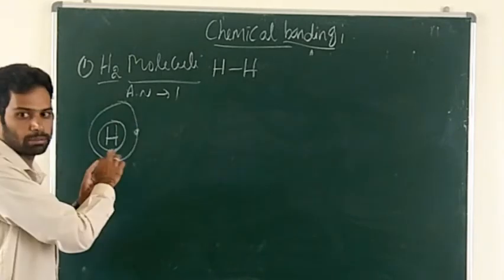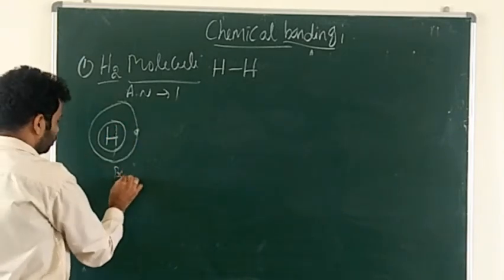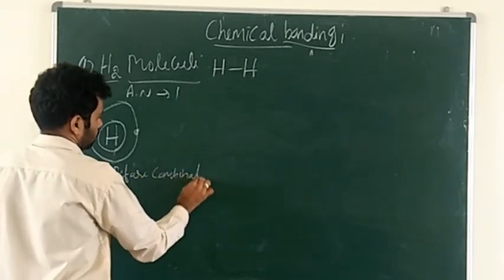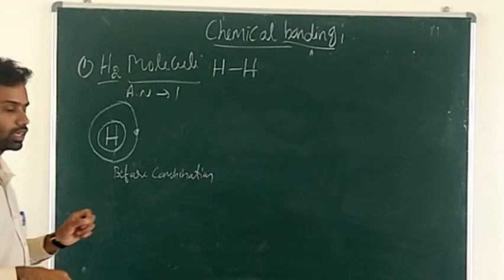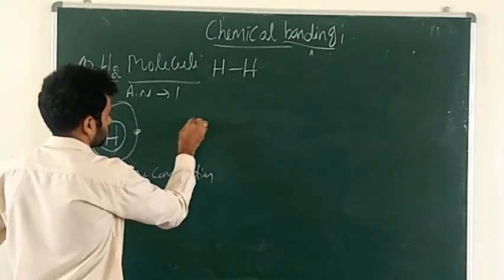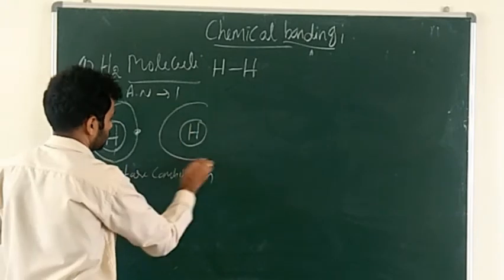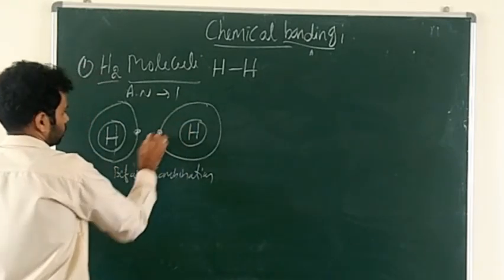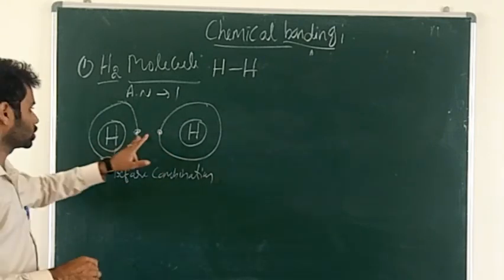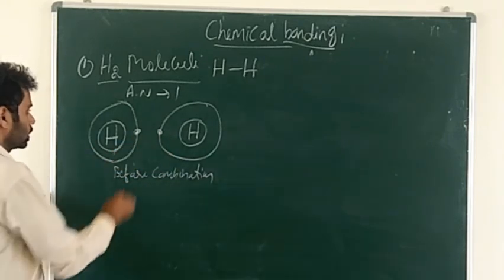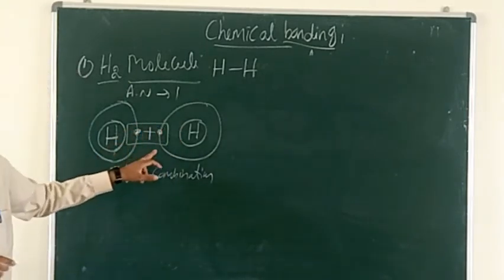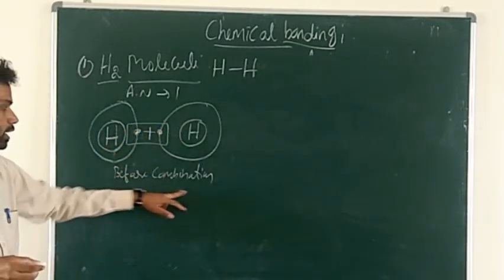So this is before combination. I am writing now, before combination. And one more hydrogen atom is right here. This is the nucleus. One electron is in the K shell. Now these two are going to combine, so write the plus sign. Before combination.